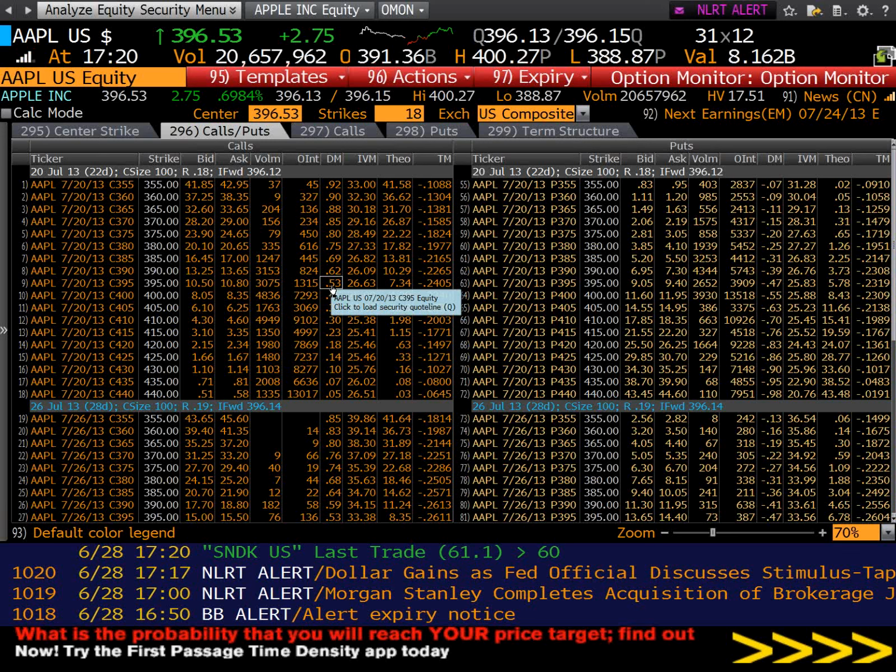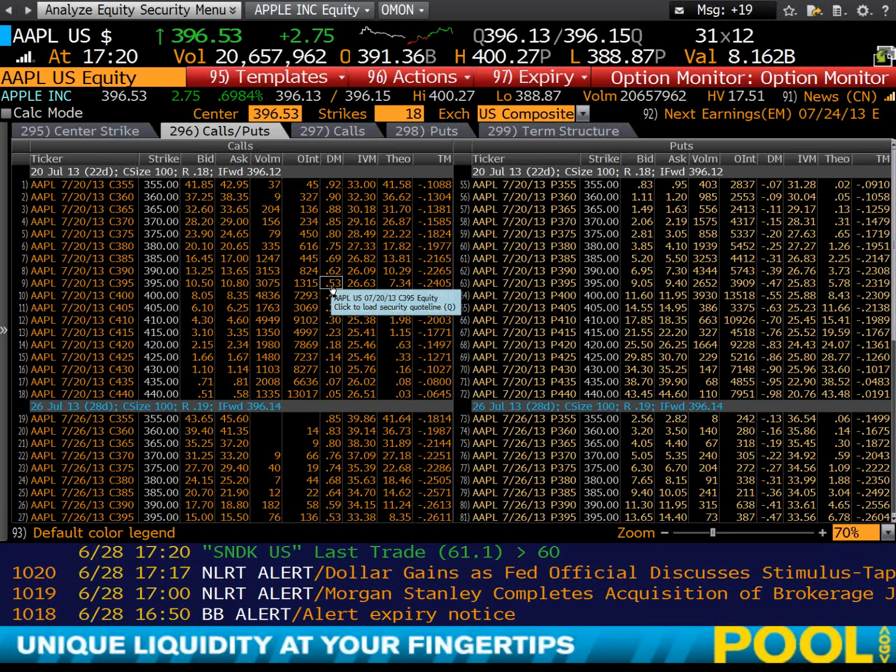The 53, again, means that if everything else remains equal, the price of your option will move by 53 cents for every $1 change in the price of the stock. Okay? That applies to today at current implied volatilities.